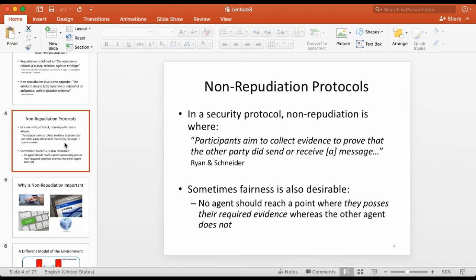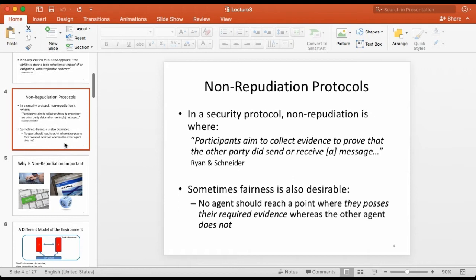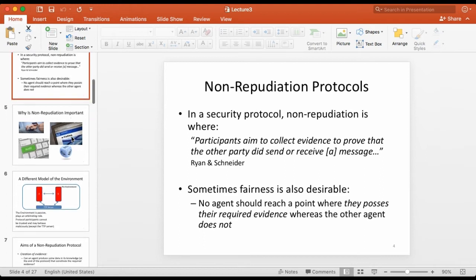So you cannot allow an agent to present evidence unless everyone else has reached a sufficient level of information or participation in the protocol such that they've also amassed a similar amount of evidence, if they can, to also non-repudiate certain events in the protocol. So that's in a general setup.